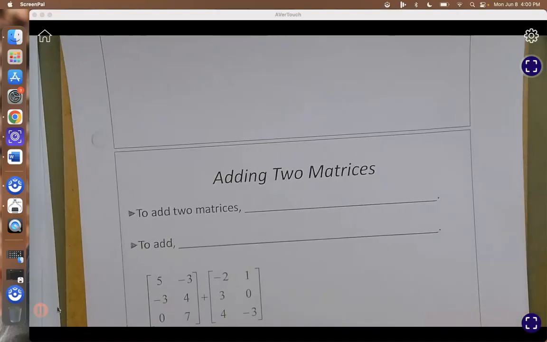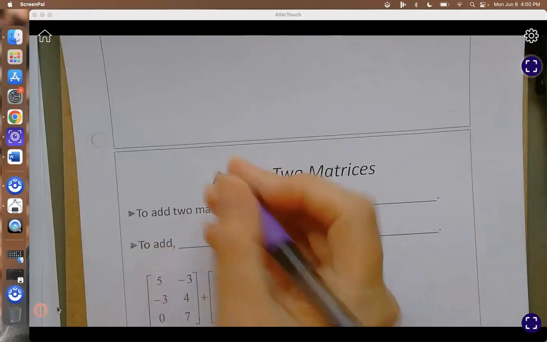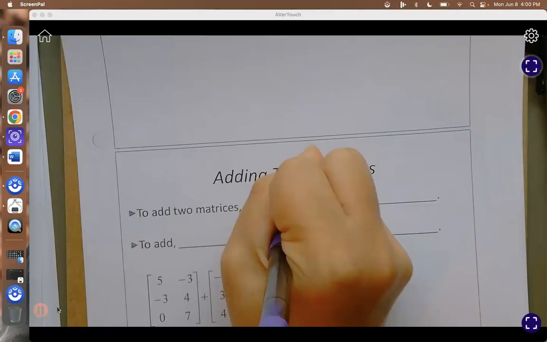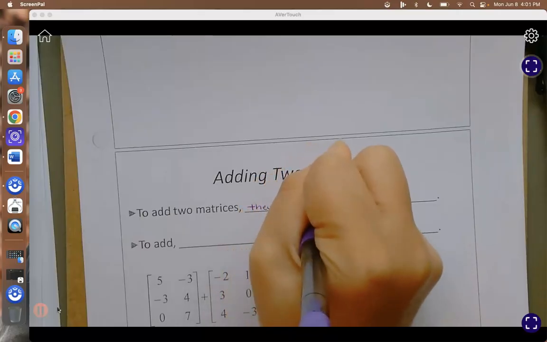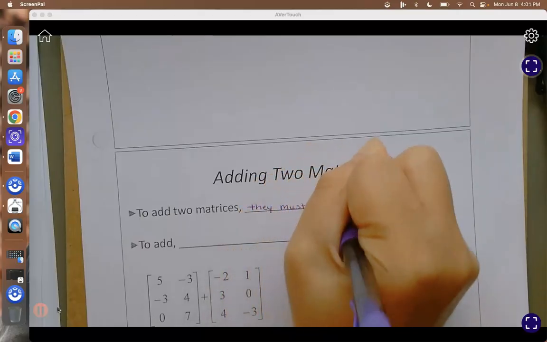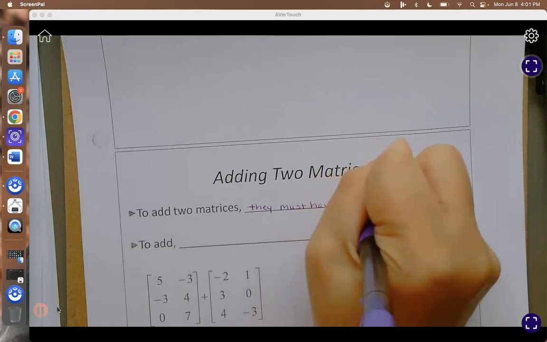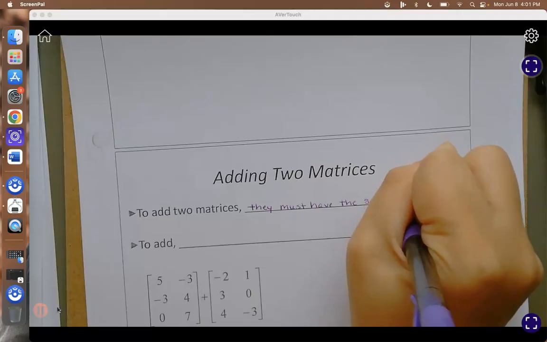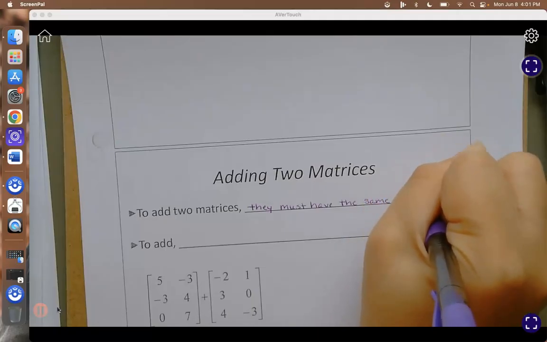Okay, so adding two matrices. When you add two matrices, they must have the same dimensions. They've got to be the same size, same number of rows, same number of columns.